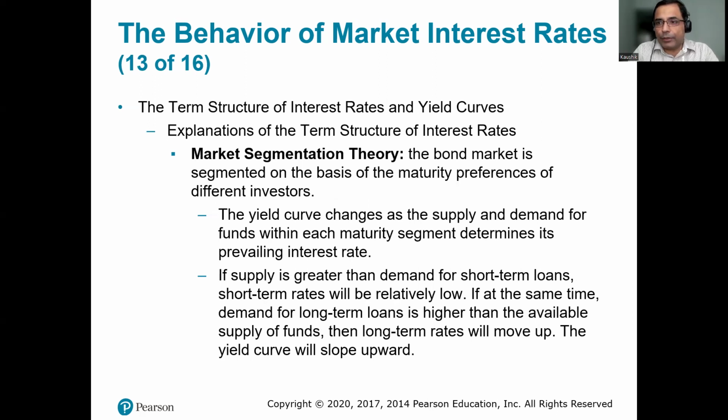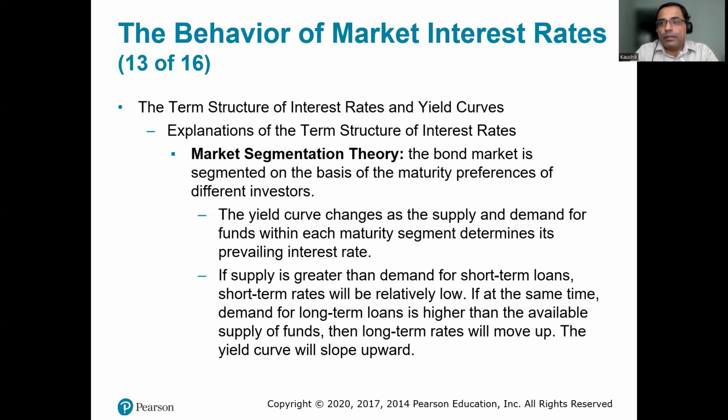Market segmentation theory looks at the demand and supply of the bonds, and that explains the yield curve shape. So if there is more supply than demand for short-term loans, then the short-term rates will be lower.